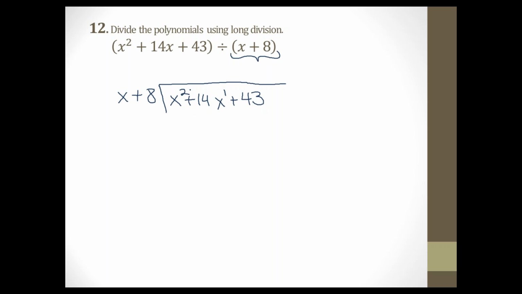Starting off by looking at this first term, we ask ourselves, how many times does this first x go into x squared? By what do we have to multiply to get x squared? We would have to multiply by another x, because then x times x would give us x squared. But we also have to multiply it by the 8, so x times 8 would just be 8x.